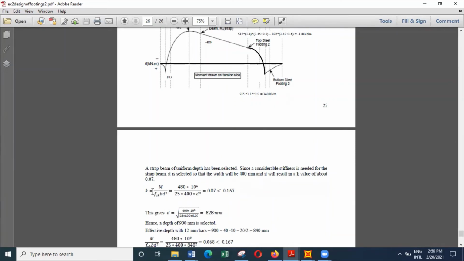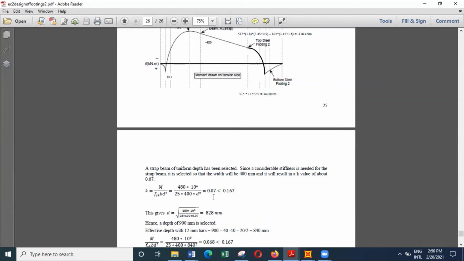Then we can say M over f_ck b d squared. We can select a suitable value, and we know the maximum value for the singly reinforced case is 0.167. So I have selected 0.07.